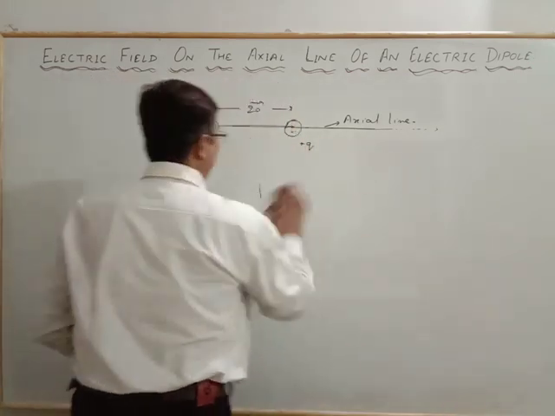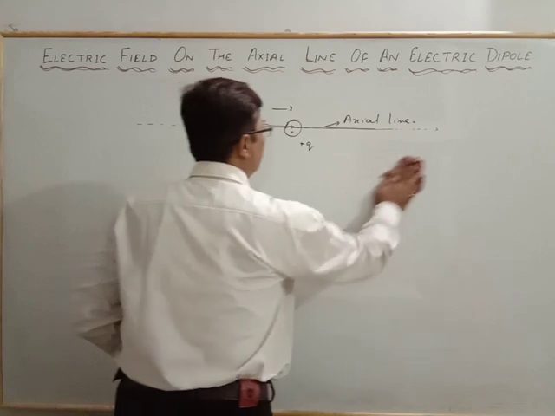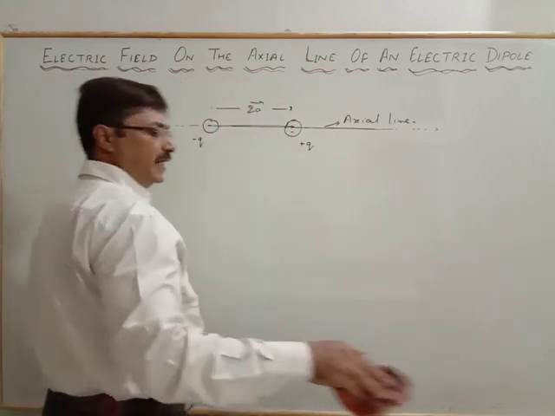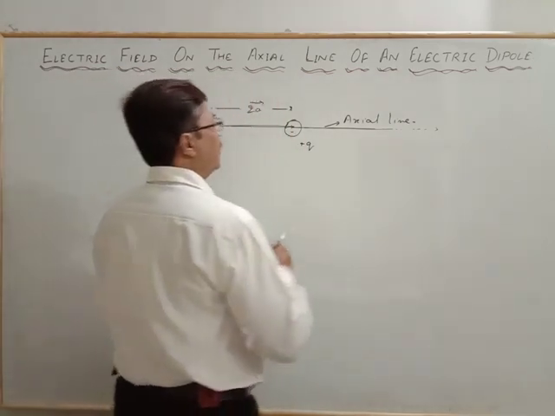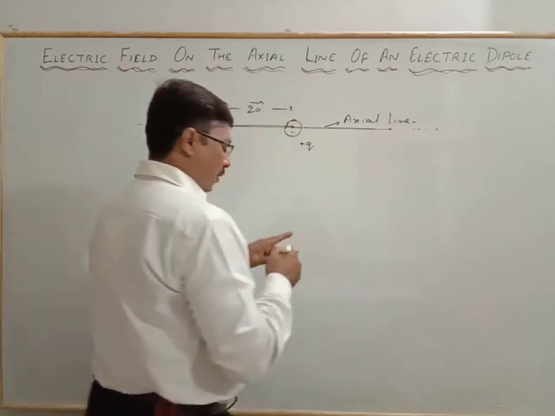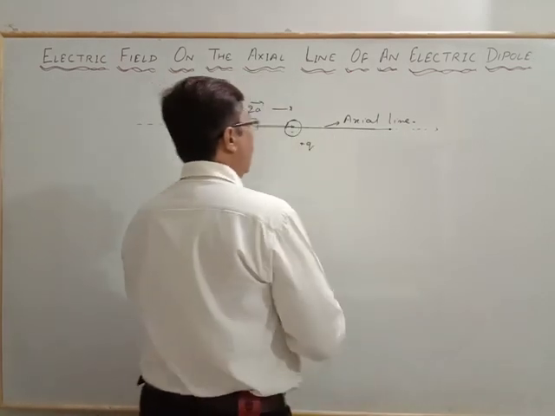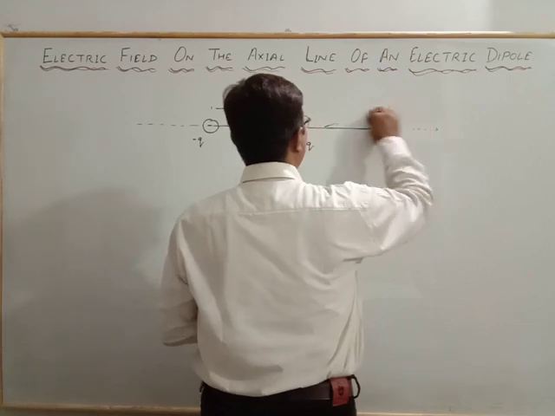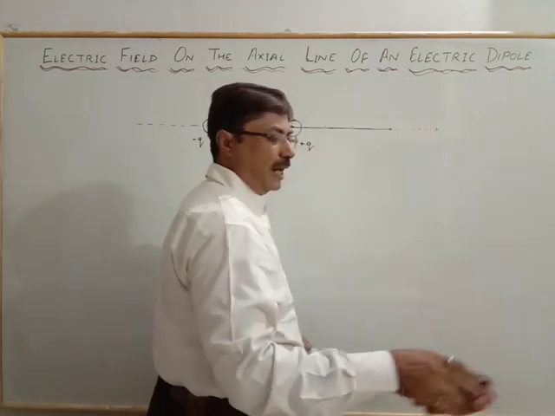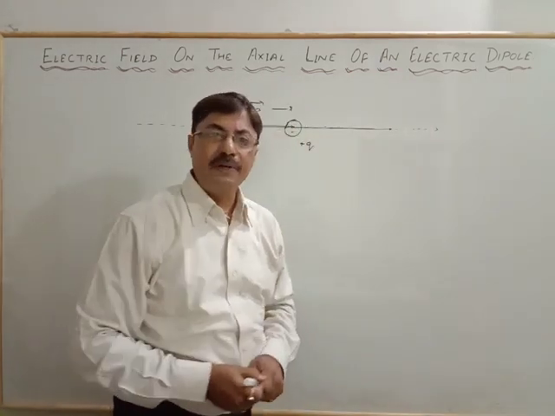Now the arrangement for the axial line. Let's suppose this is the arrangement, and somewhere is the point P on the axial line. P is the point where we have to calculate the electric field.